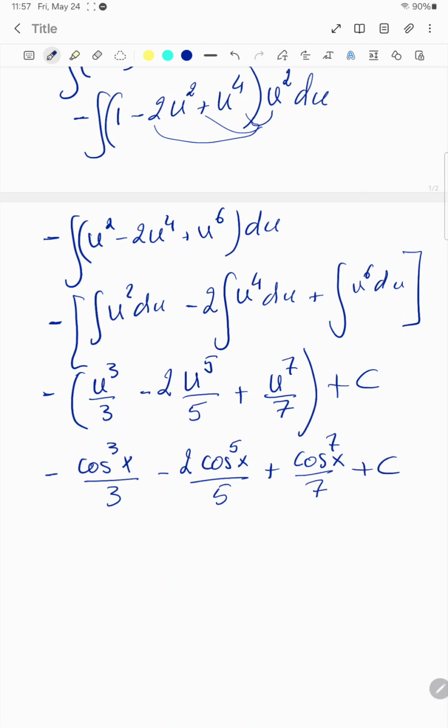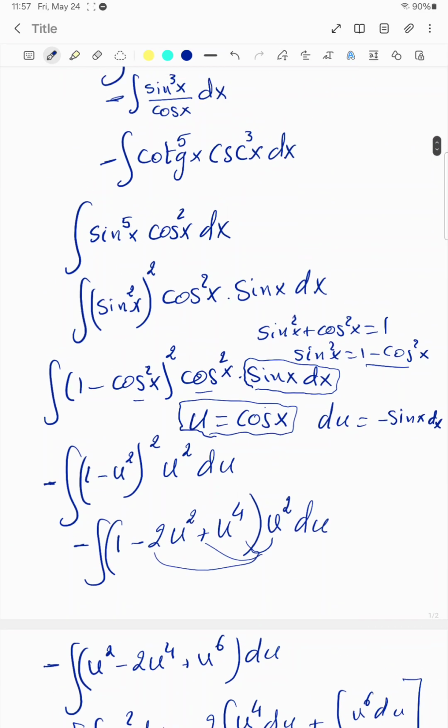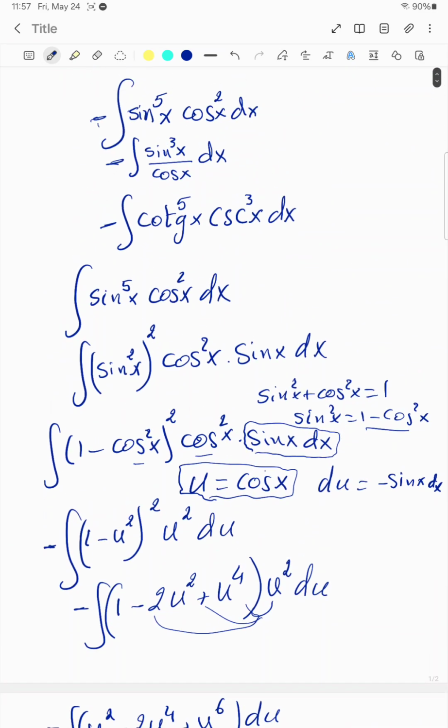And that's the solution. As you see, it's very easy. The important thing is to know that I don't want to see any power but 2 or 1, because all my trigonometric identities are either to the power of 2 or to the power of 1.